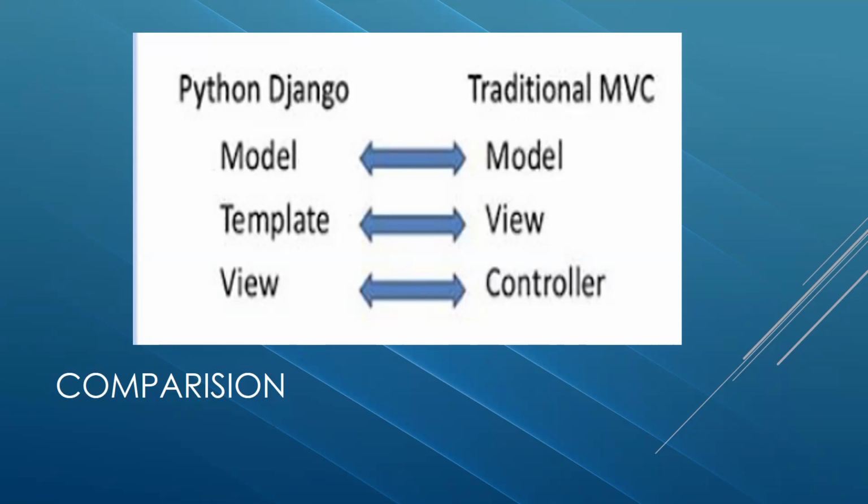Okay, and the third, in Django's MVT pattern we often consider the view as a controller to control the processing flow, whereas in the MVC pattern, the controller is responsible for controlling the entire interaction between the model and view.